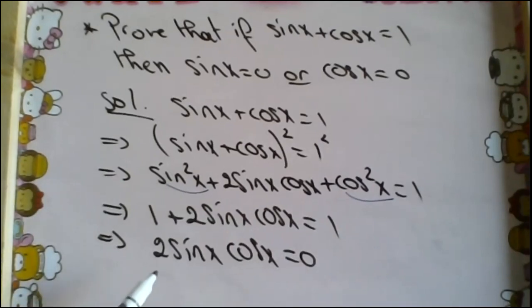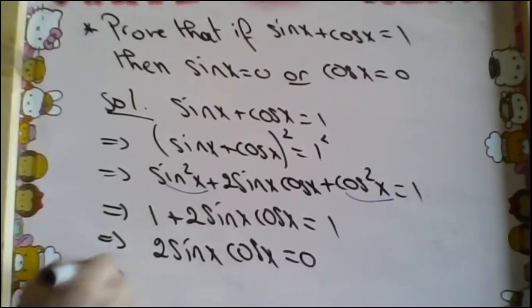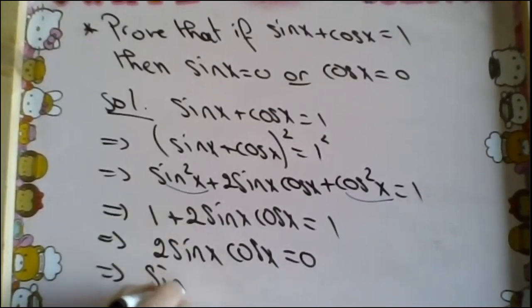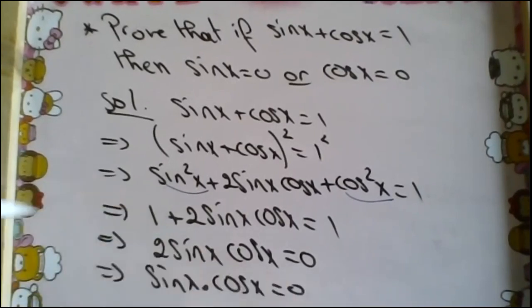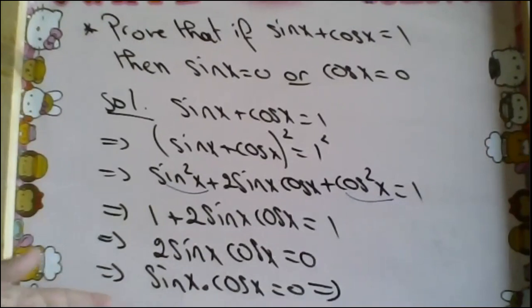Of course, I can divide by 2. So sine x times cosine x is equal to 0. This means that you are multiplying two numbers and the product is 0. So for sure one of them is 0.